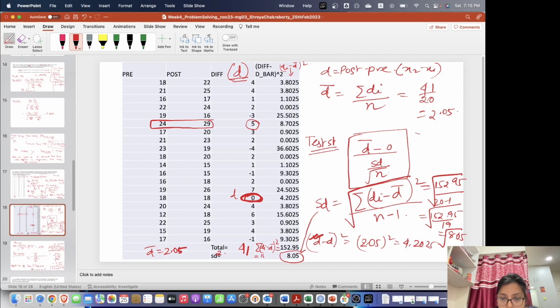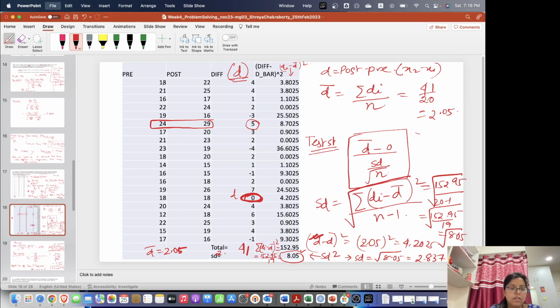How are we getting it? 152.95 divided by 19, this is 8.05. And so SD is root over 8.05, which is 2.837.